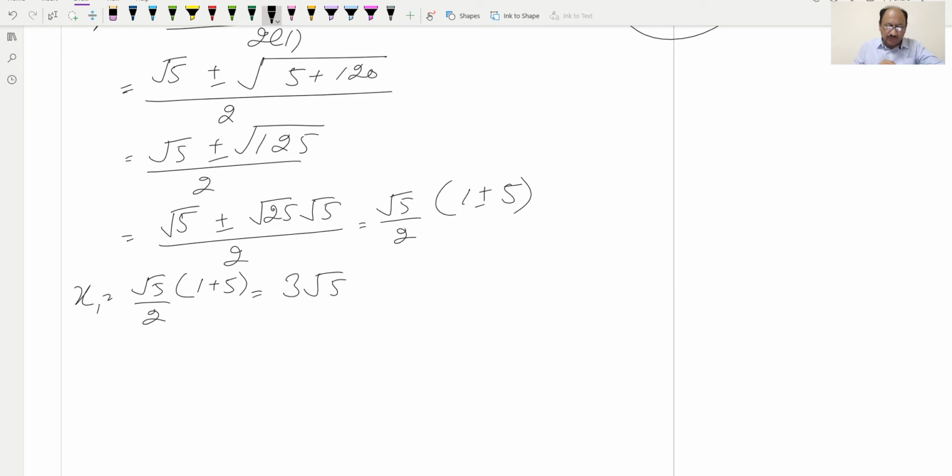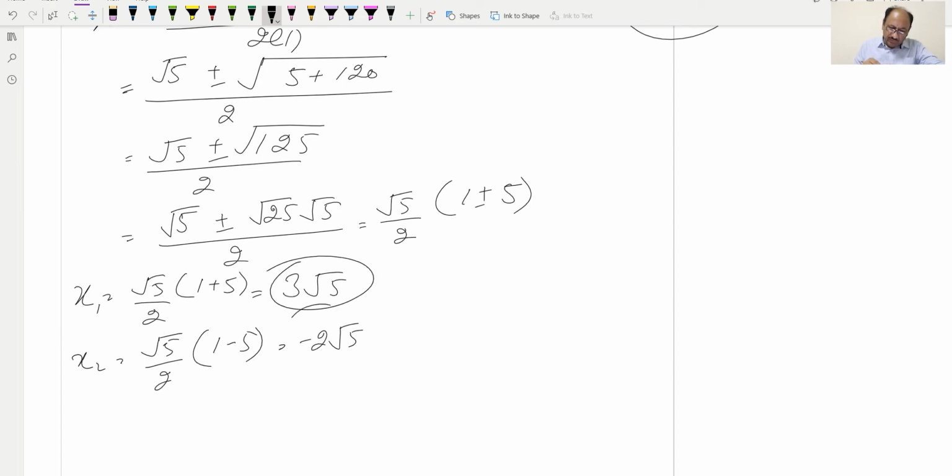And x2 will be root 5 by 2 into 1 minus 5, so this will be equal to minus 4, so minus 2 root 5. These will be the two x values.